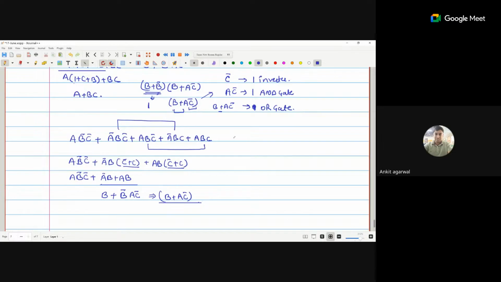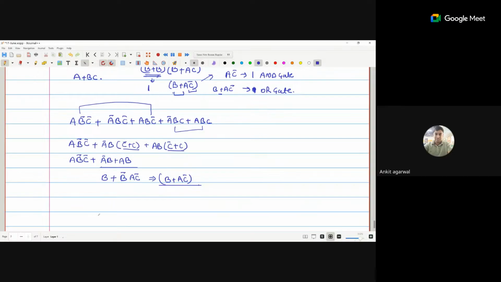We can try one more method, in which in place of these I am taking this one, and these two. So first and third, A C bar as a common.